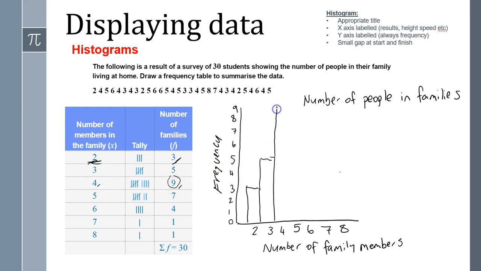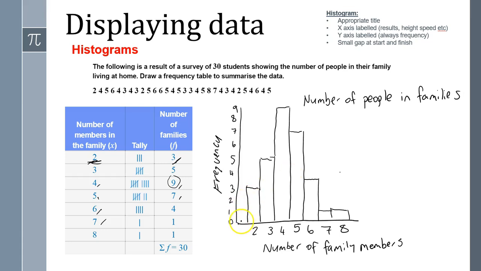So I'm going to go up to the 9. 5 family members occurred 7 times. 6 family members occurred 4 times. 7 family members occurred once, as did 8 family members. Okay, and that's my histogram.